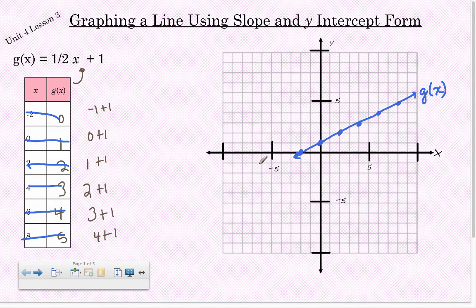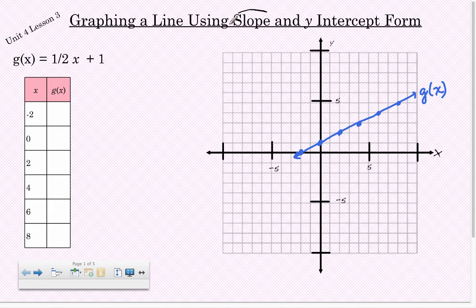Well, there's something else that we want to point out. We want to know what the slope is and what the y-intercept is. So slope, as most of you have known, is just fancy for a rate of change. It's the change in y value over the change in x value. And I can use any one of these blue points to figure out my slope.